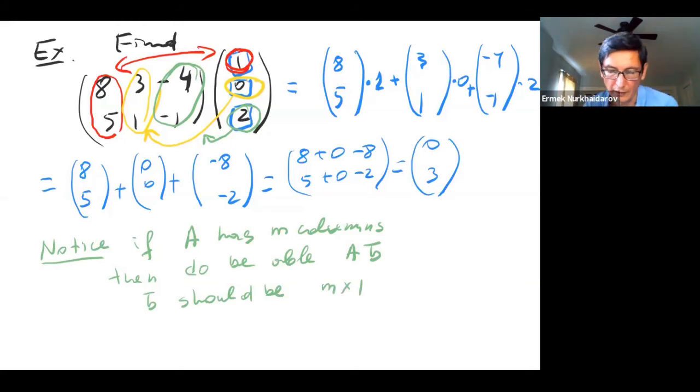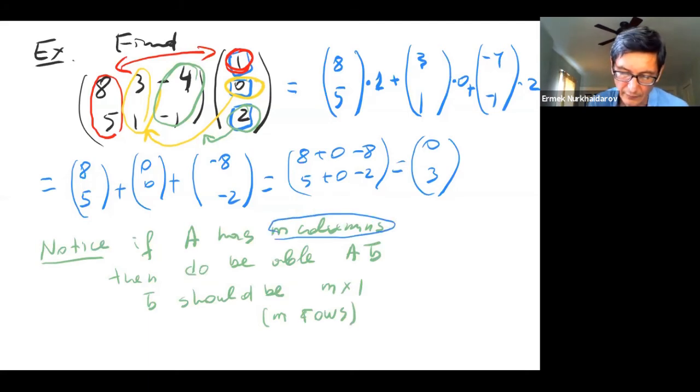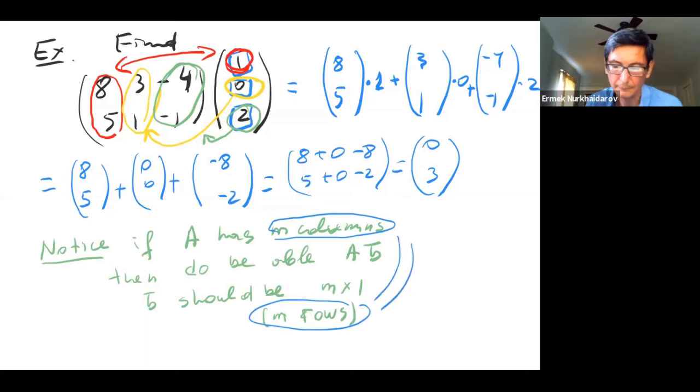So it should have m rows. Sorry. You see this number and that number, they should be equal.